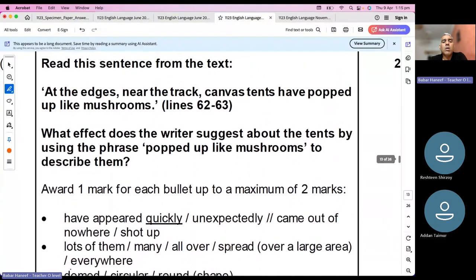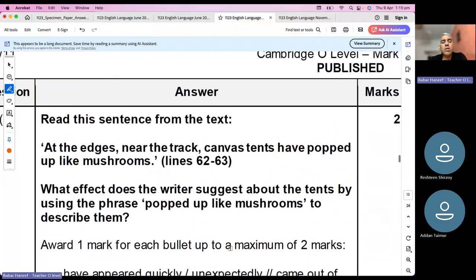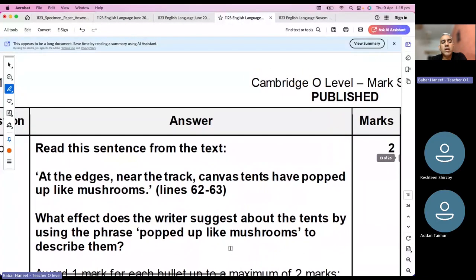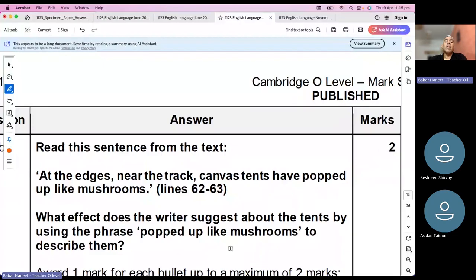Okay, now there is a question here. We're going to go with the same kind of question. It's again with the writer's intention. What is he intending to convey? It says, read this extract sentence from the text. "At the edges near the track, canvas tents have popped up like mushrooms."